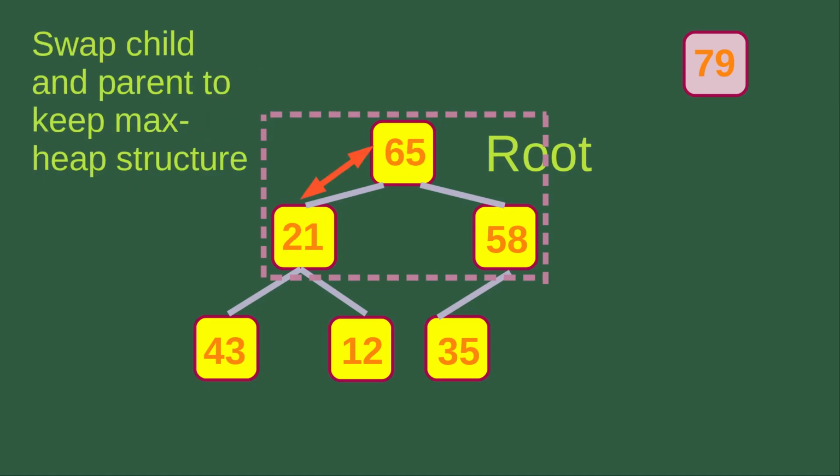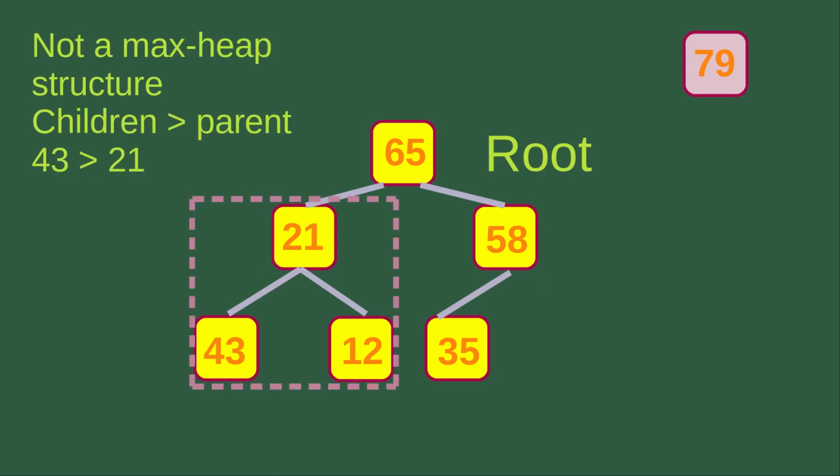Yes, after we swap 21 and 65, we can still maintain the max heap structure such that the parent is larger than both children. And after this swapping, we need to check another subtree following the top to bottom and left to right order.